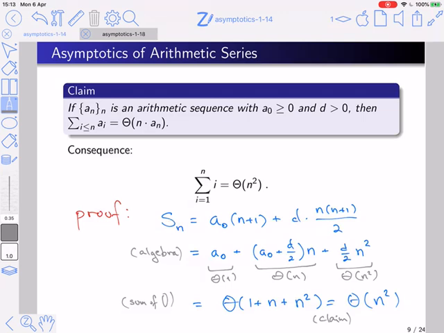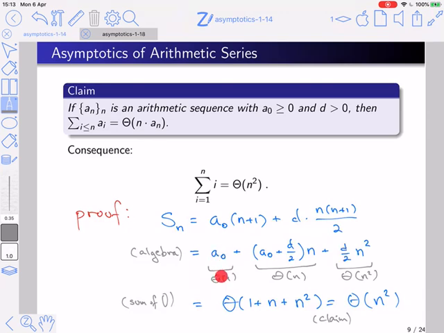Sn is the sum. We already proved that it equals a0 times (n plus 1) plus d times n times (n plus 1) over 2. We open the parentheses using some algebra, and we get that Sn equals a0 plus a linear term, (a0 plus d over 2) times n, plus a quadratic term with d over 2 as the coefficient.